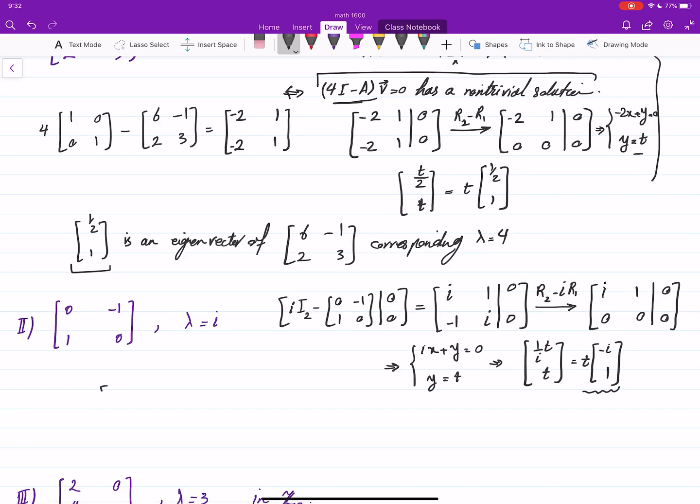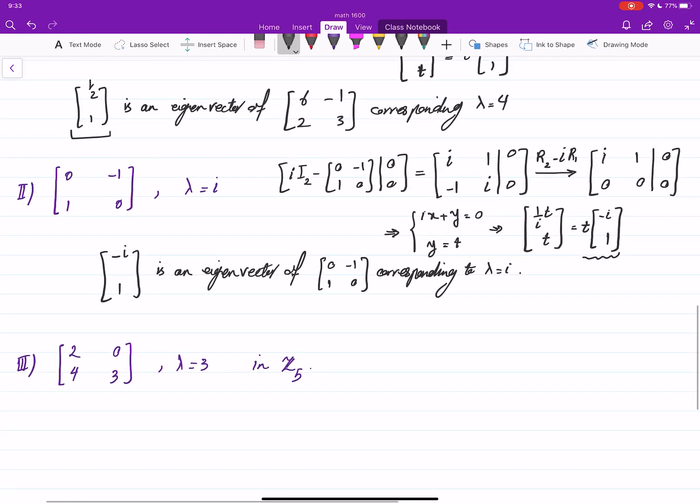And in particular, you just take t to be 1. This is an eigenvector of the matrix 0, negative 1, 1, 0, corresponding to eigenvalue i. As I said, you can put any non-zero t here, that will give you an eigenvector.